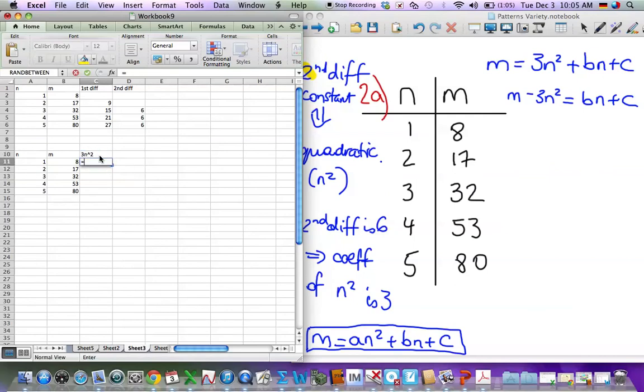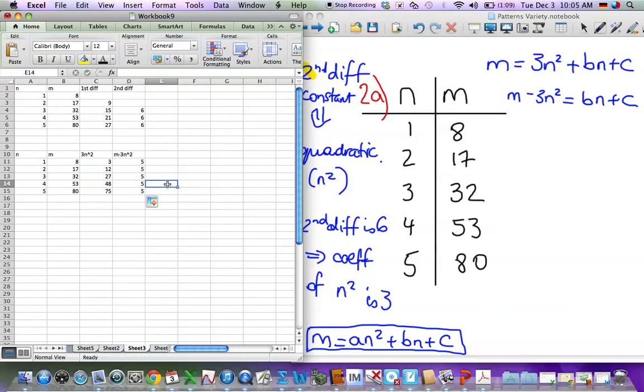So I'm equals 3 times n, which is just 1 in this case, squared, and I'm going to copy all the way down. Okay, and now just like as we said over here, I'm going to do m minus 3n squared, so equals m minus 3n squared, and extend it all the way down.